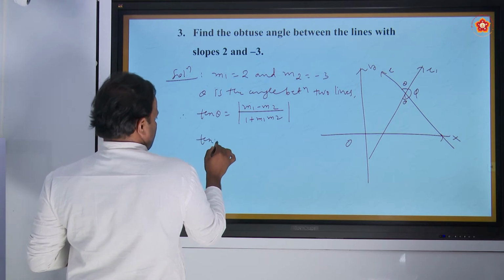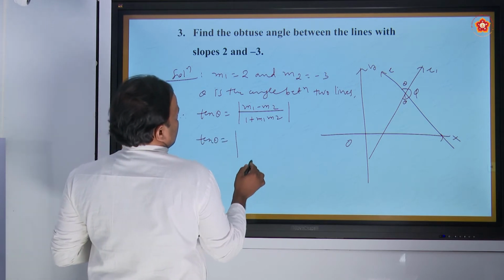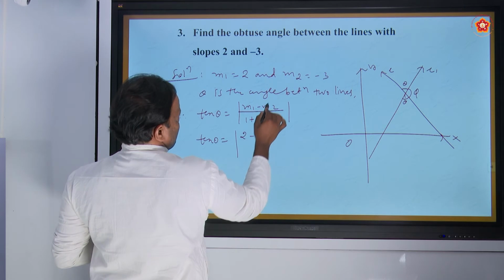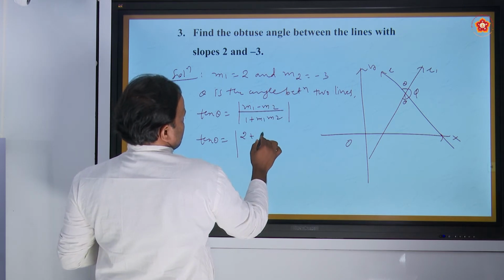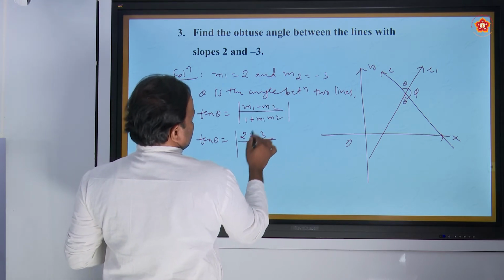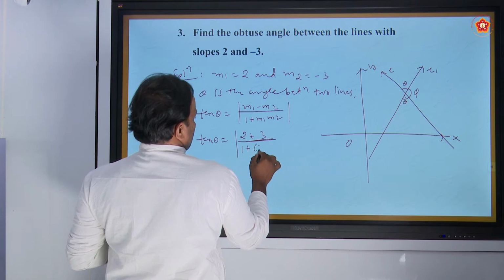So, tan theta is equal to mod of, what is m1? 2 minus m2, which is 2 minus (-3), correct, plus 3.